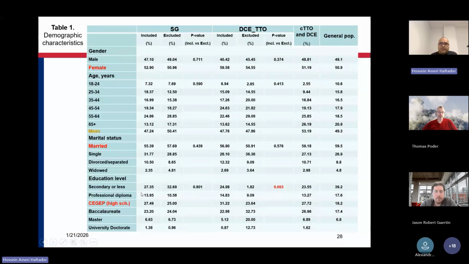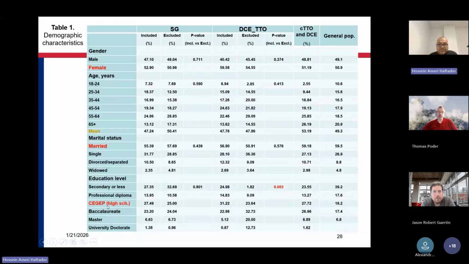We also compared excluded data and included data. In general, there are no significant differences between included and excluded data, except for education. For this, we did a sensitivity analysis. This difference wasn't effective for the final data.